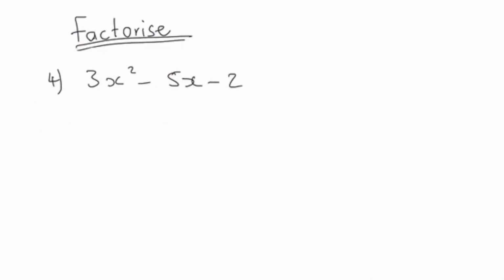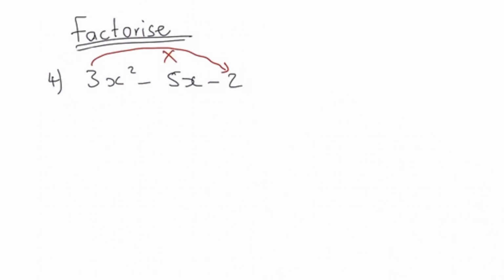So number 4 says factorize 3x squared minus 5x minus 2. For this one, please be aware that our coefficient for x squared is no longer 1. It's now 3. What do we do when we get such a problem? We take this 3 and multiply it with that 2.